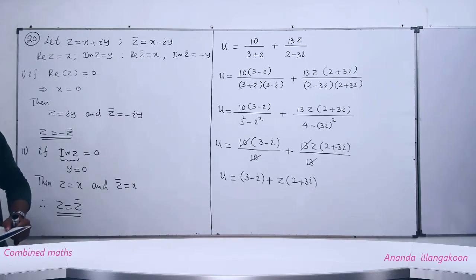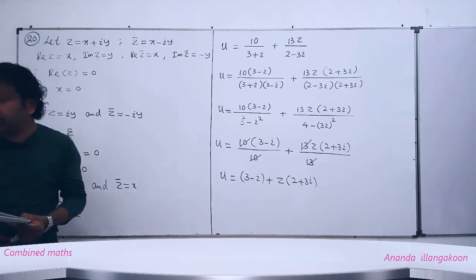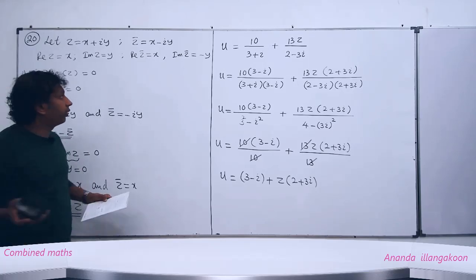We are given, people, like this. The complex number u is such that the modulus of u minus 3 plus i is 13. Right. We'll come to that now.